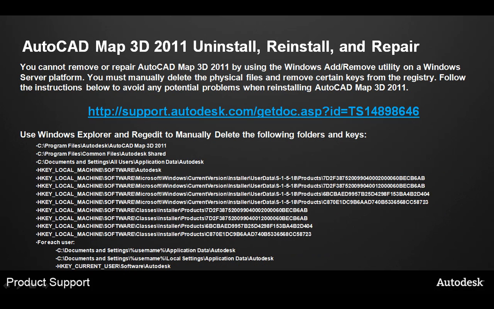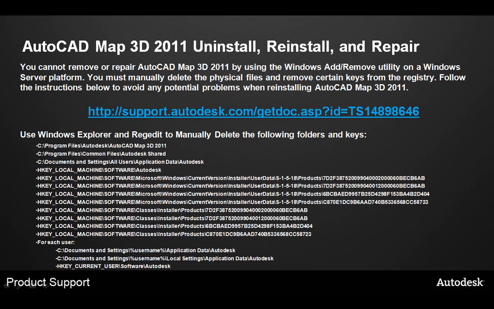You cannot uninstall AutoCAD 2011 from a Windows Server operating system. If you need to uninstall, reinstall, or repair AutoCAD Map 3D 2011, you will need to delete the folders and registry keys that are created for this product. A list of these are on the slide here.